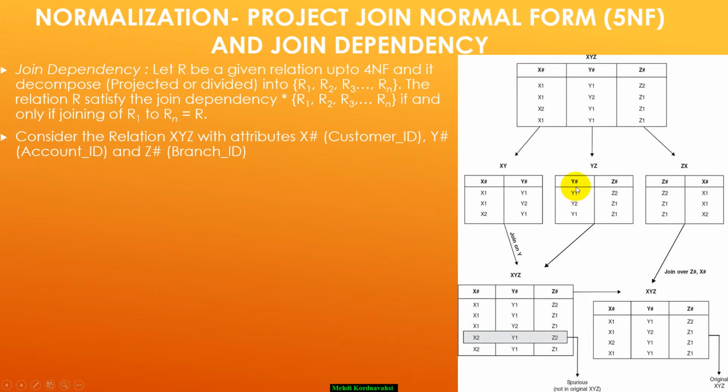Because we have two y1 here, so two records come here with x2. x2 comes from y1 and z2, and x2 comes from y1 and z1.